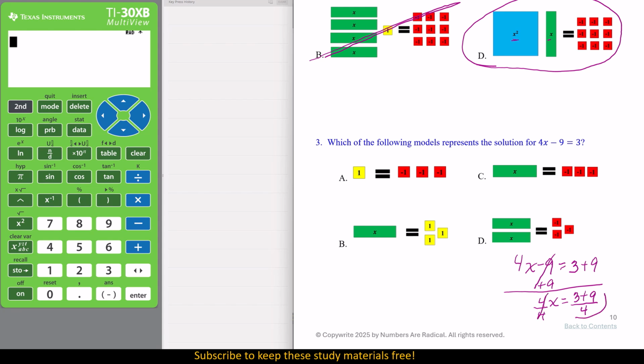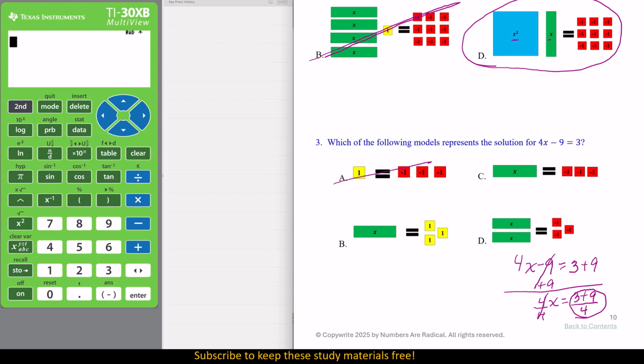This gives me what I need to put in the calculator. What I'm seeing is that on one side, I need an x by itself. A solution should have just a single x. Let's look at A. That doesn't have what x equals. That's what they're looking for. So I'm absolutely not going to believe it.